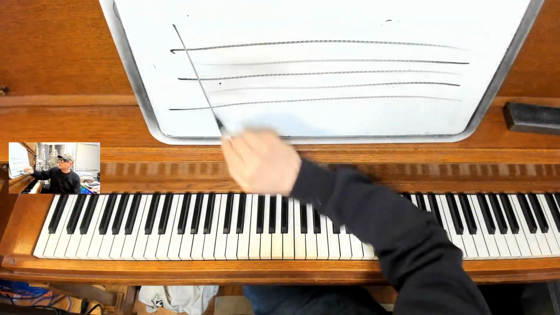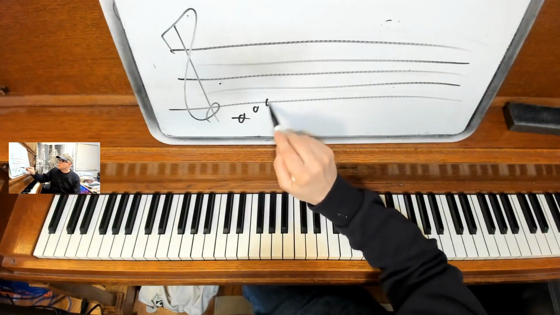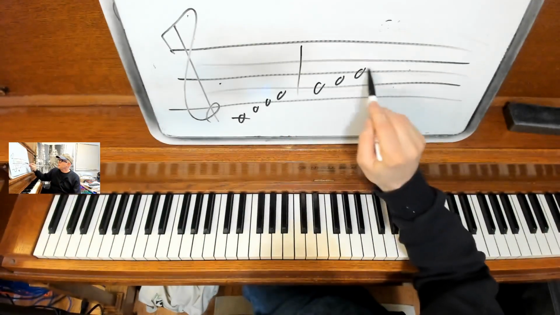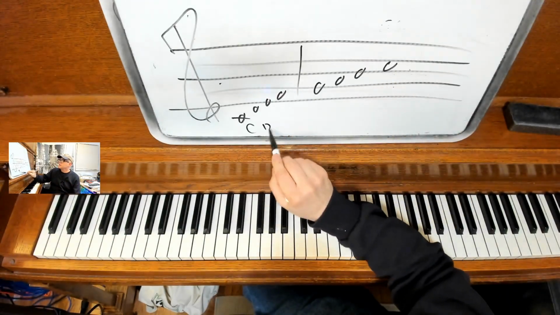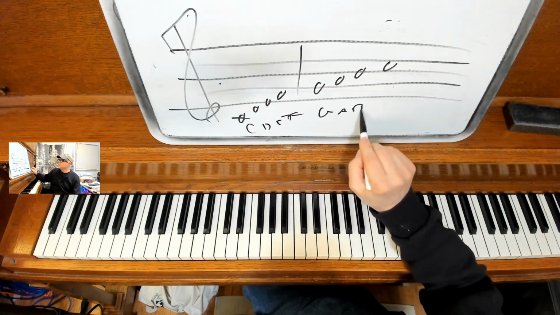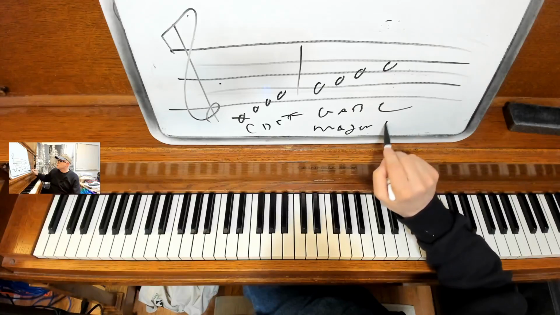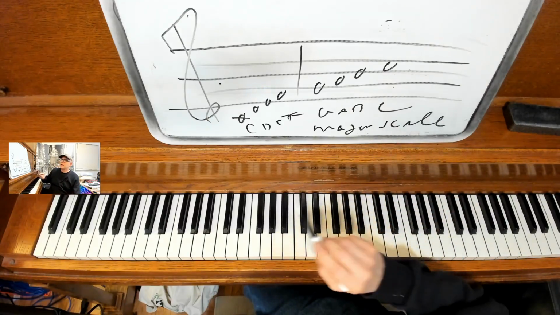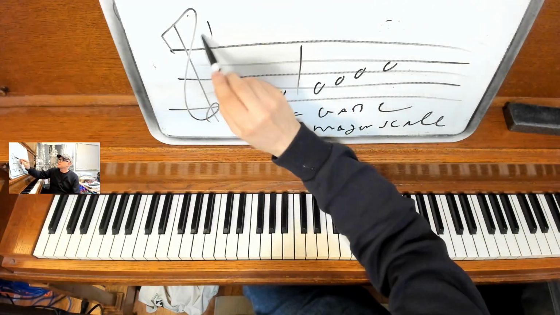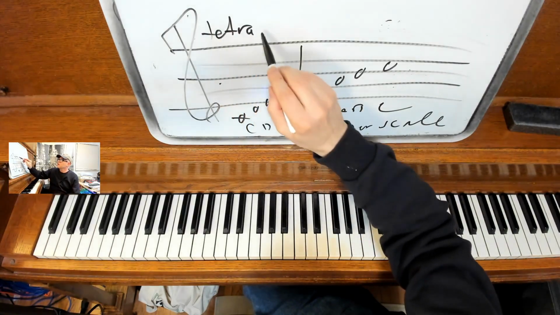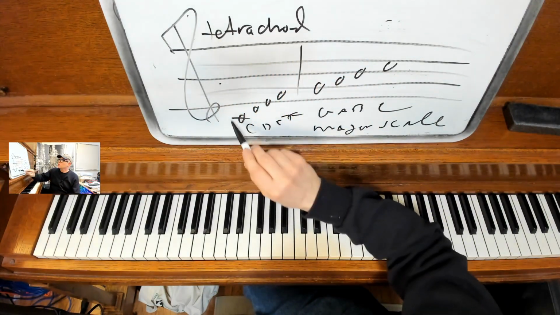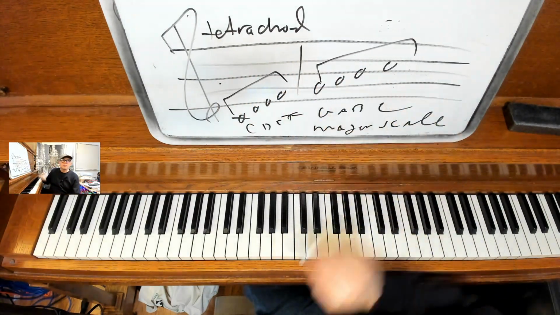Here's our notation: C, D, E, F, G, A, B, C. Okay, C, D, E, F, G, A, B, C, and that constitutes a major scale, or C major scale, but each one of those is a tetrachord, a group of four notes, and this is a really important point.